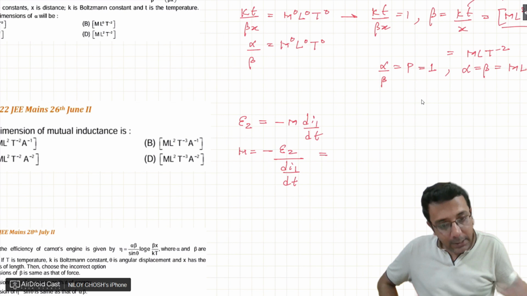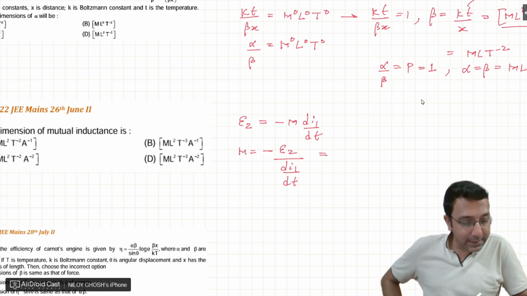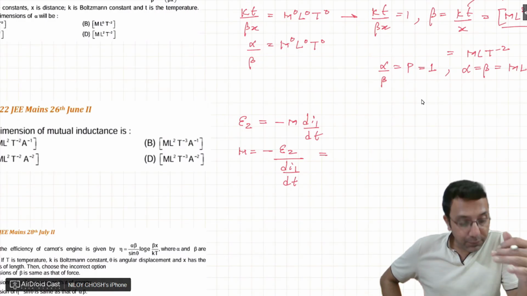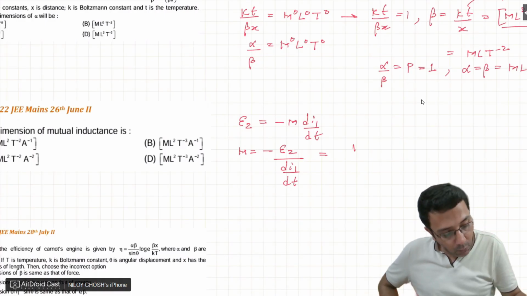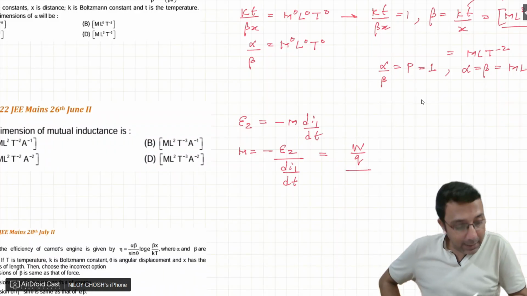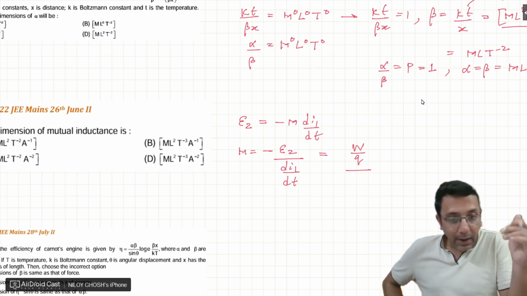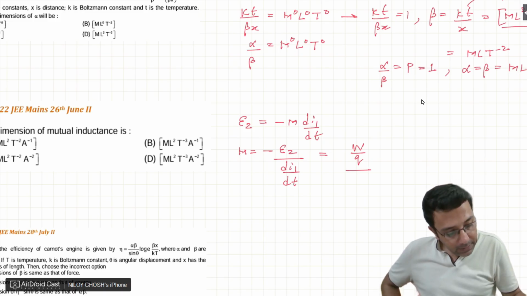Now EMF can be written as the work done in displacing a charge from one place to another, so it is work done per unit charge, divided by dI1. dI1 is the flow of current, which can be written as rate of flow of charge, and there is one dt in the denominator, so another t.